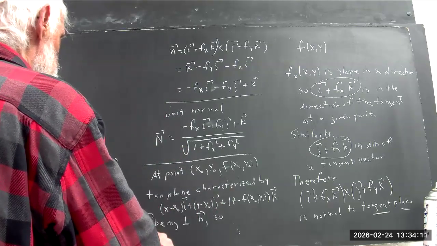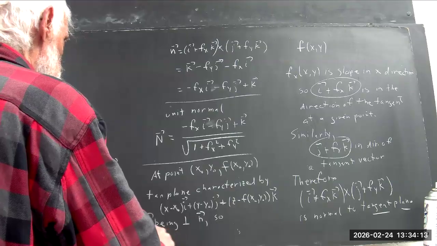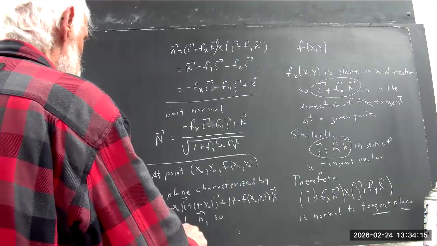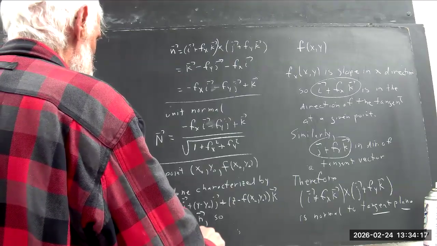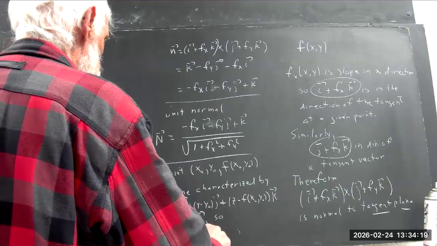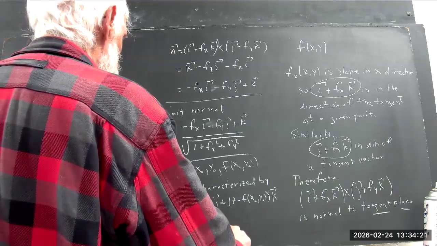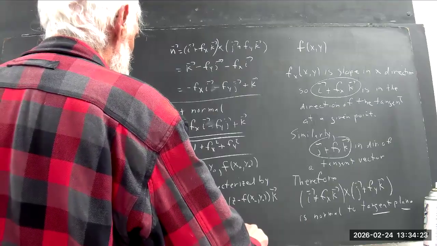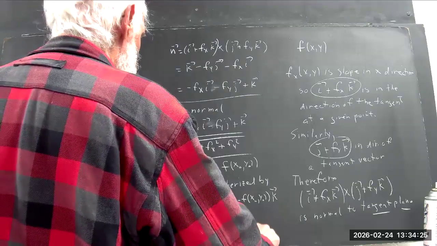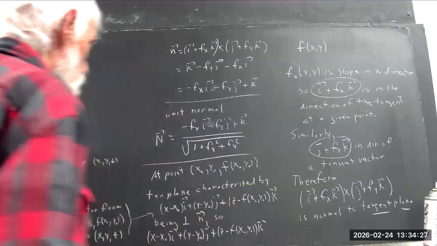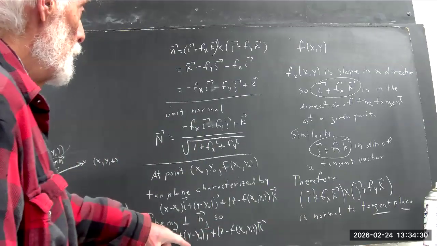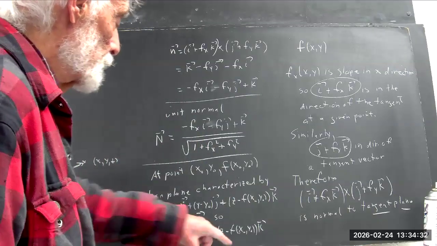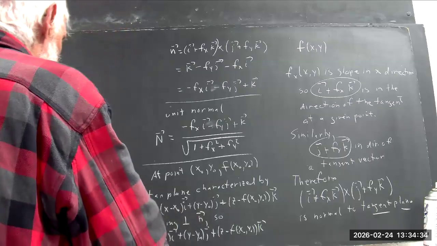So I've just rewritten the vector x minus x naught i plus y minus y naught j plus z minus z naught k.